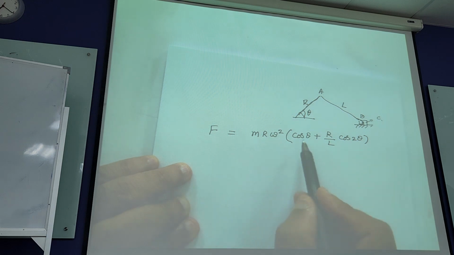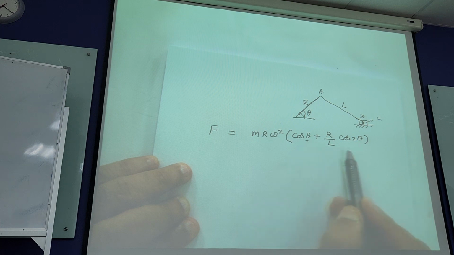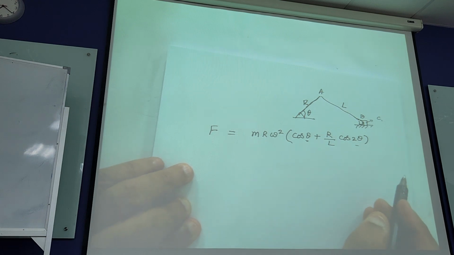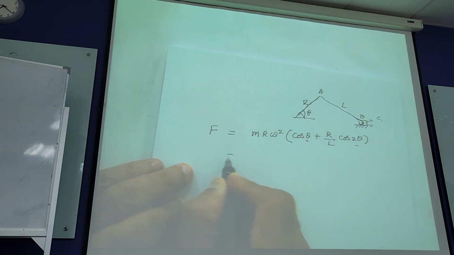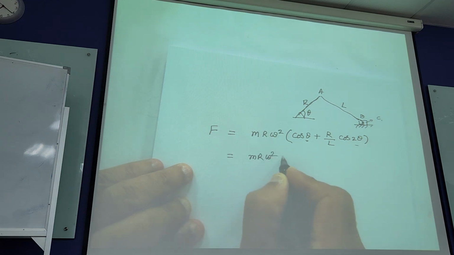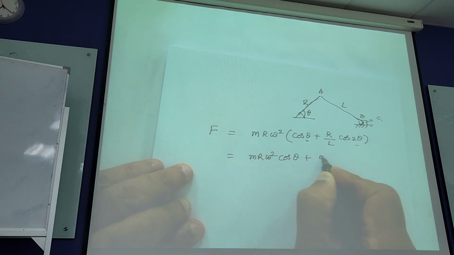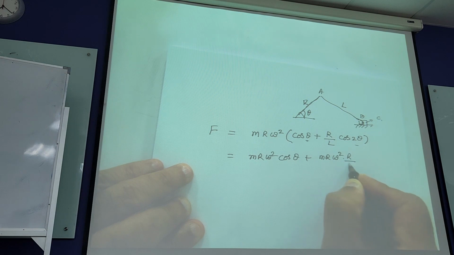Here you can see it all depends on the angle theta. It has two functions: one is in theta, another is in 2 theta. So now you can write this as m r omega square cosine theta plus m r omega square r over L cosine 2 theta.